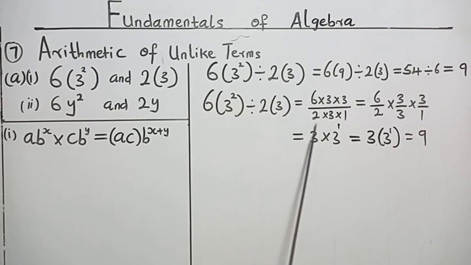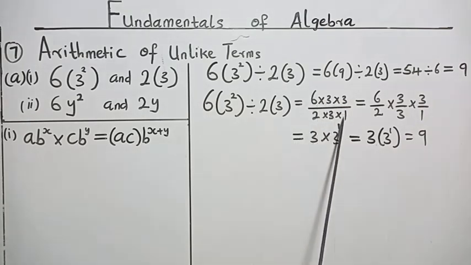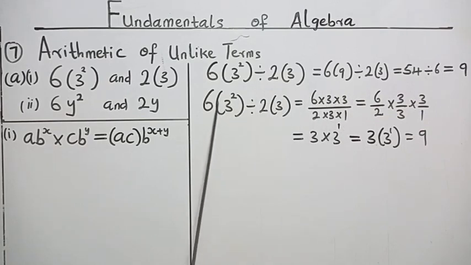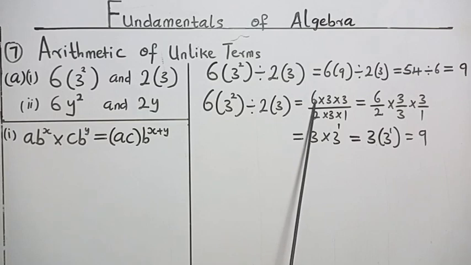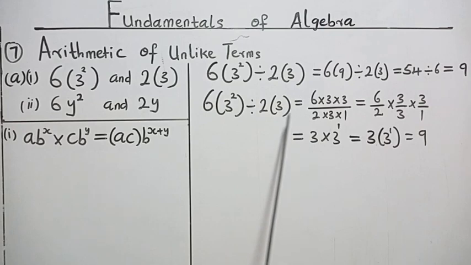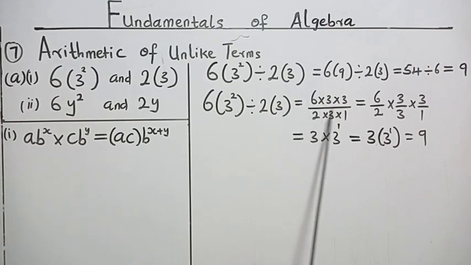It's the same thing as saying 6 times 3 times 3 over 2 times 3 times 1. I hope you know where we got this 6 times 3 times 3. It is from here. See, the 6 is here, then bracket means that times is between them. See it here. 3 to the power 2 means the same thing as 3 times 3. Right, divide by, this is 2, see it here, times 3, see the 3 here, times 1.